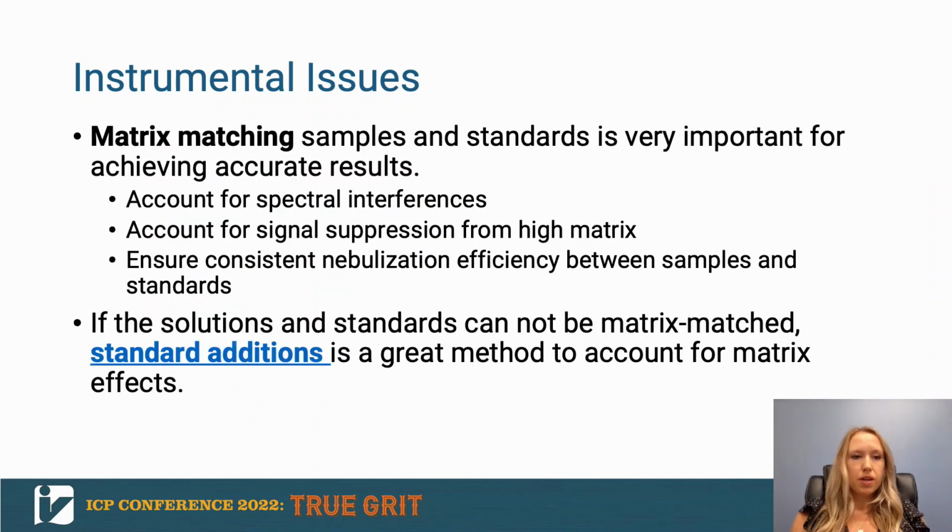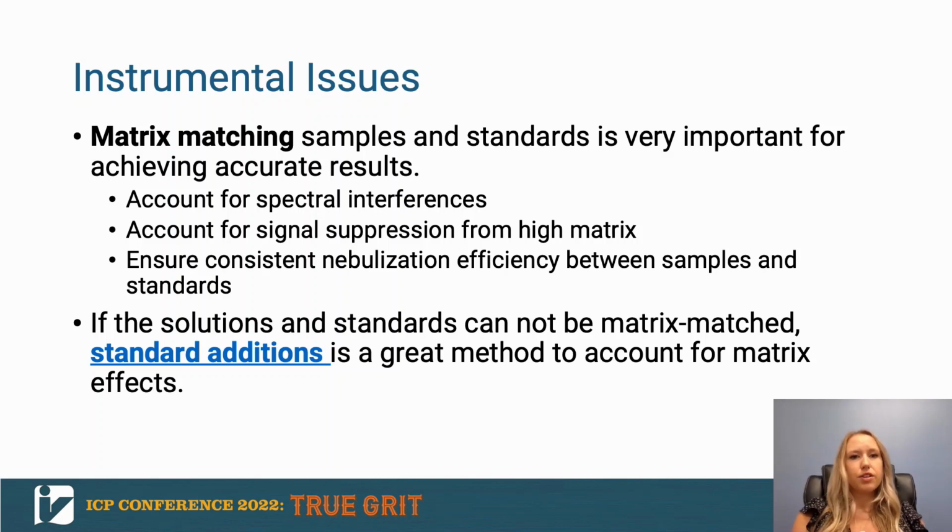One thing we always recommend for any analysis on ICP, but particularly for a cannabis or hemp analysis, is matrix matching your samples and standards. So this is going to be really important for multiple reasons. One of those is to account for any spectral interferences. We demonstrated this with the carbon interference in the earlier slide with arsenic.